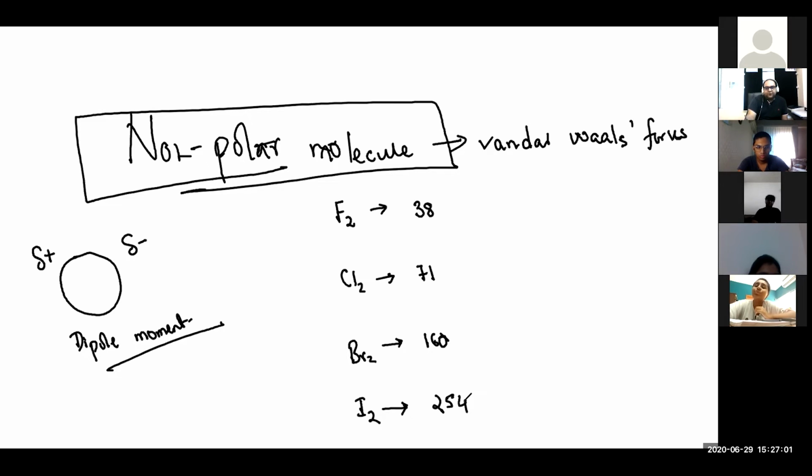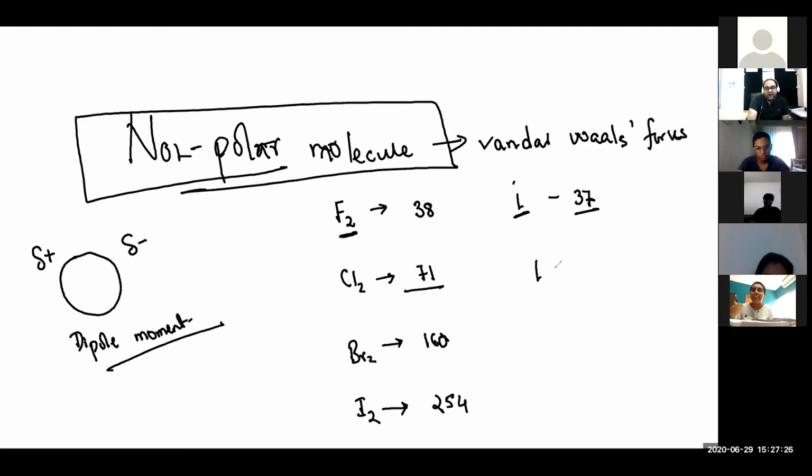So what is the maximum difference in the number of electrons in the case of fluorine? 1 and 37. On one side you have 1 electron, on the other side you have 37 electrons. What is the maximum difference for chlorine? 1 and 70.